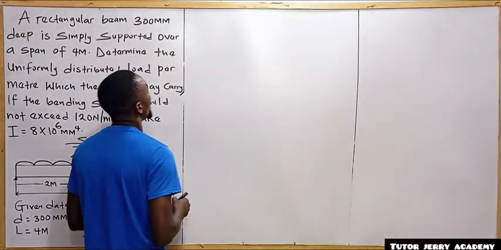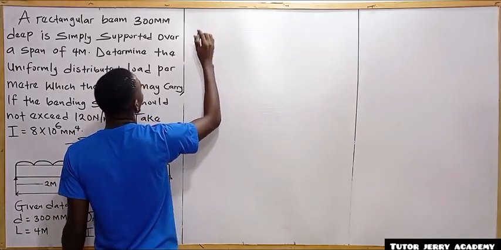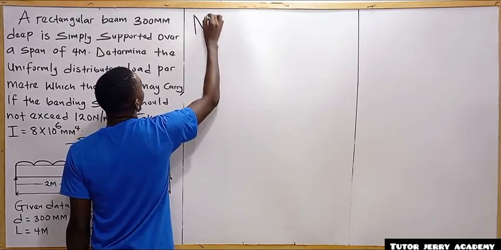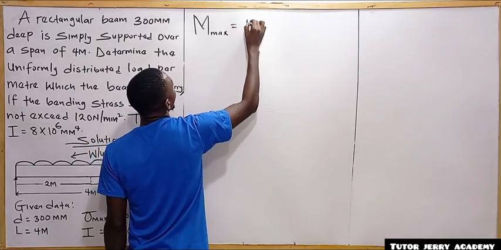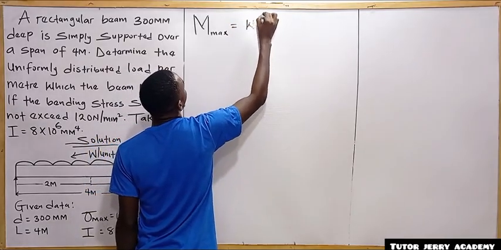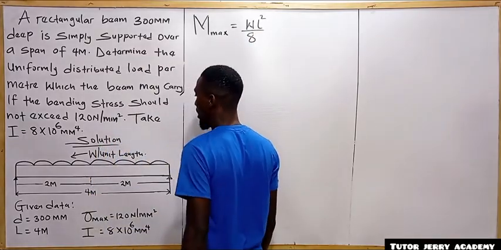All right, so we are going to start with the maximum bending moment of this beam. That's WL square divided by 8.